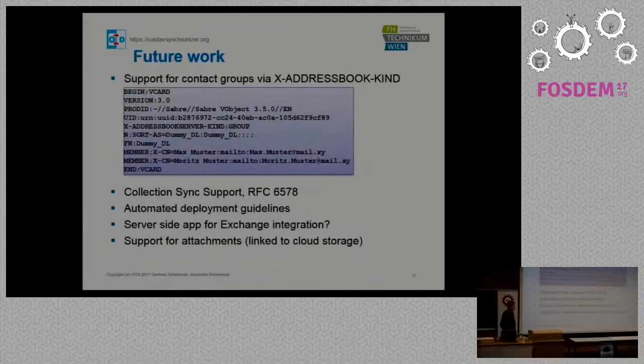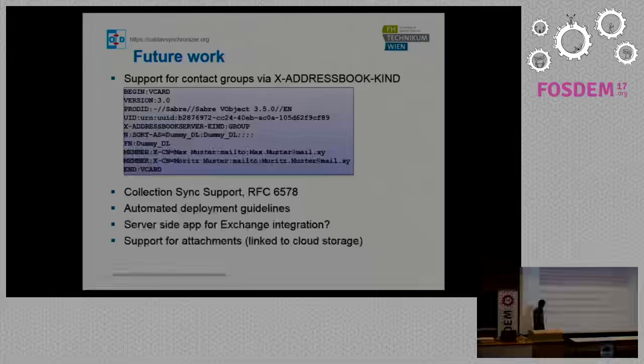Future work, as already mentioned: we try to support more kinds of contact groups. Here's an example of an extended address book kind group vCard with group members. We want to implement collection sync report, which should speed up the initial synchronization.